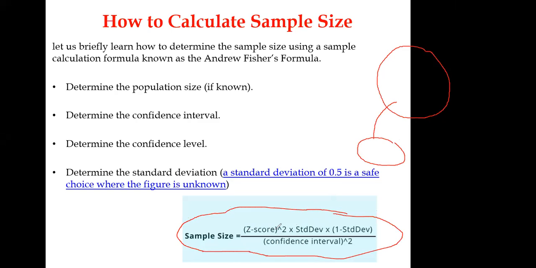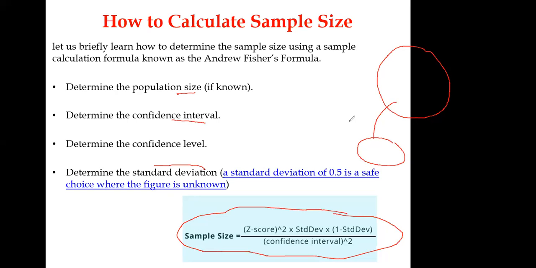The sample size mainly depends on the population size, as well as the confidence interval and the standard deviation. The Z score, the confidence interval and the standard deviation we can define based on our available requirements. Then we can go for the sample.